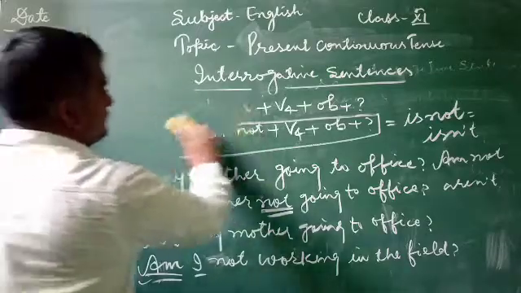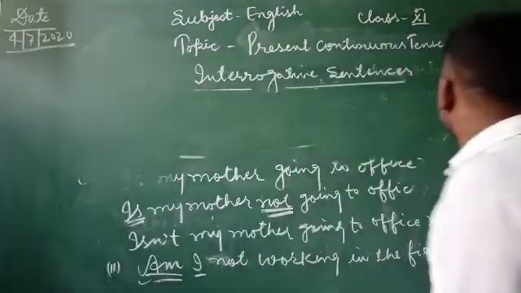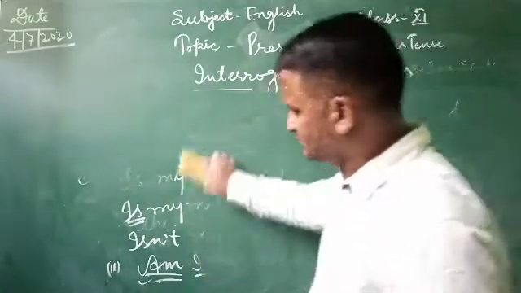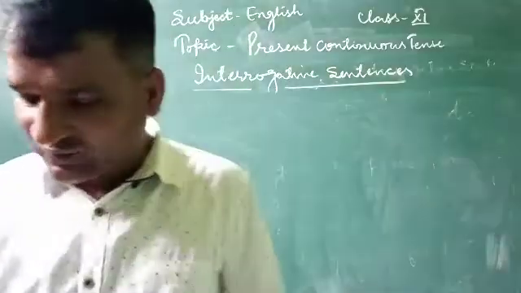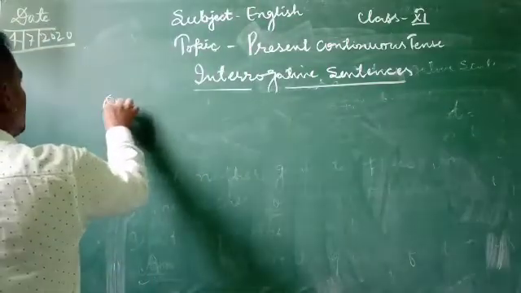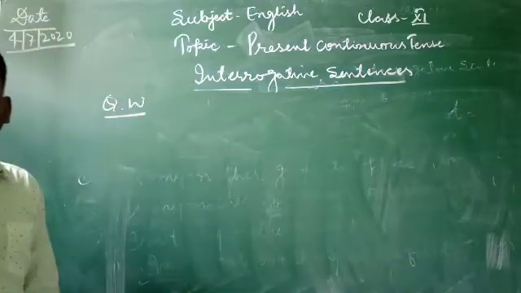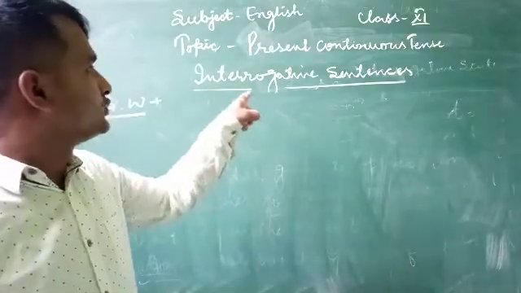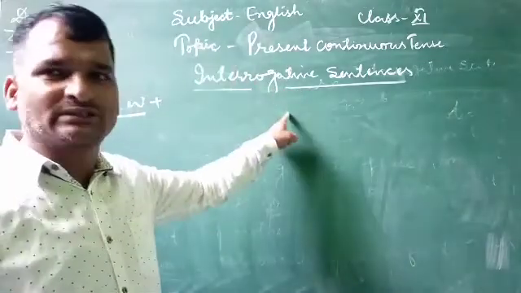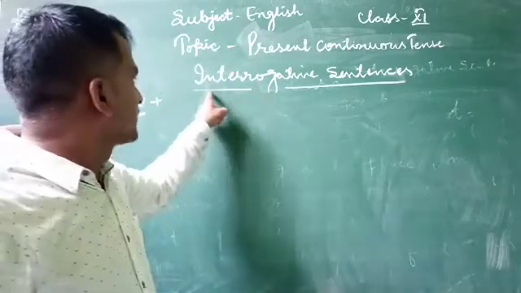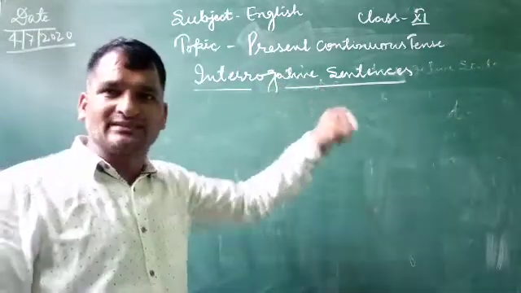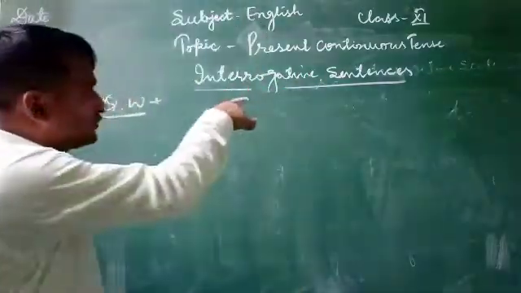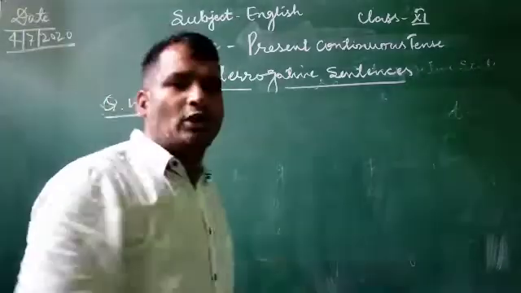Now, we will make some sentences based on the WH family. Question word, QW denotes question word. Then the helping verb of this tense. If you are going to use past continuous tense, you have to use the helping verb of past continuous tense. If you are going to make sentences based on future continuous tense, then you have to use the helping verb of that tense.